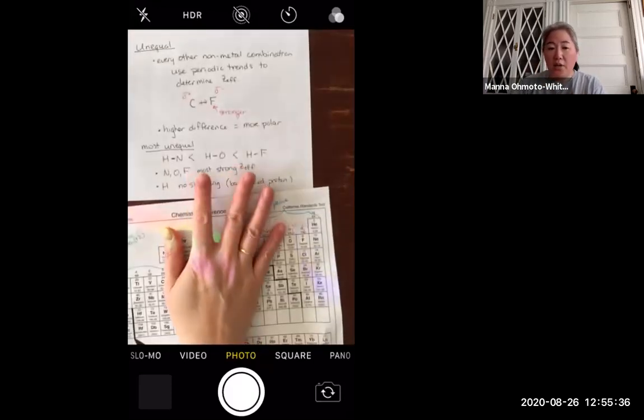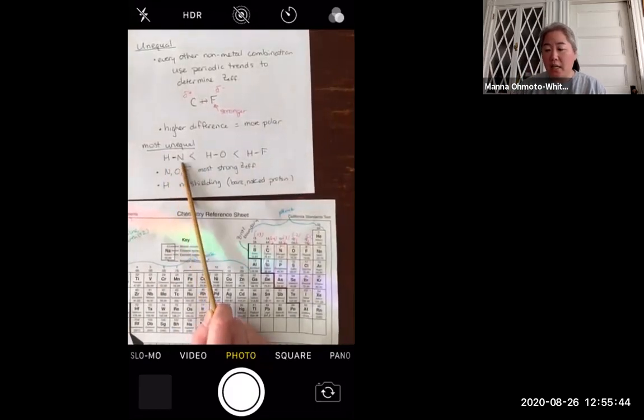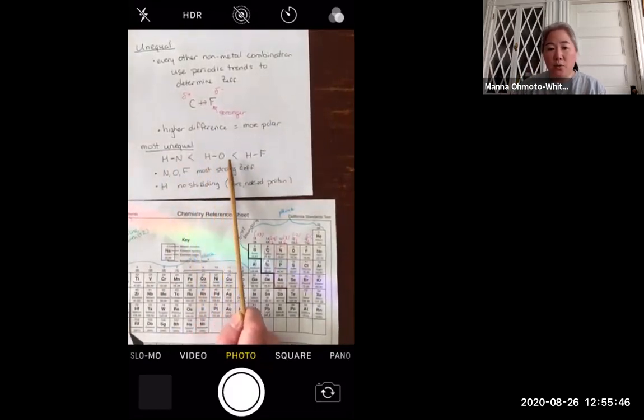Another thing to remember is that the most unequal sharing that we can have before becoming ionic is hydrogen bonded to N, hydrogen bonded to O, and hydrogen bonded to F. So an HN bond, an HO bond, and an HF bond in this order. HN is unequal but less than HO, which is less than the most unequal sharing, which is HF. So HF has the most polar bond.